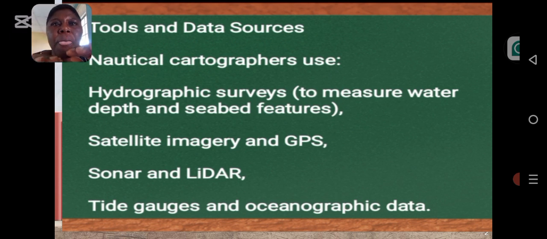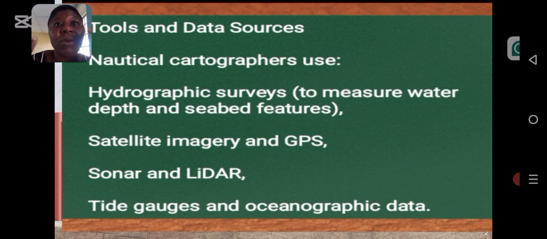Now, how is this data obtained? It is obtained via hydrographic survey, the bathymetric. The water is measured, the depth of the water is measured, and you get the data in those figures that were earlier mentioned. So it is through hydrographic survey. You can also obtain data to design a nautical chart via satellite imagery and GPS.